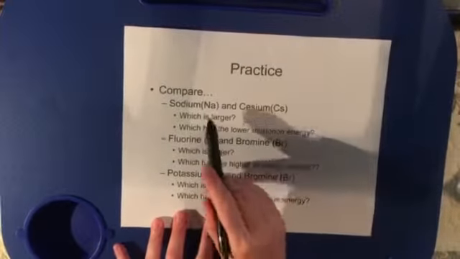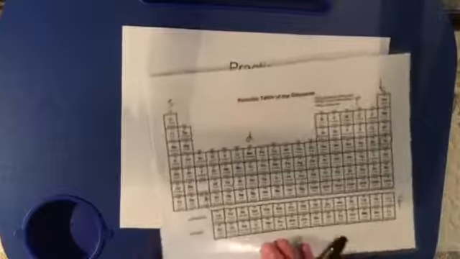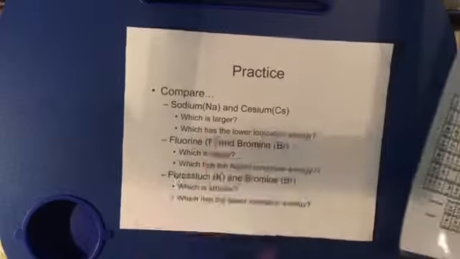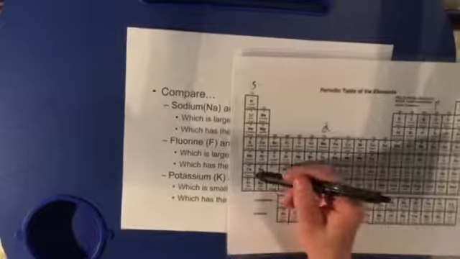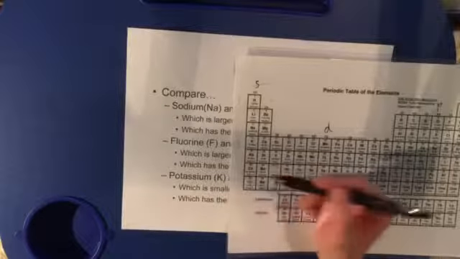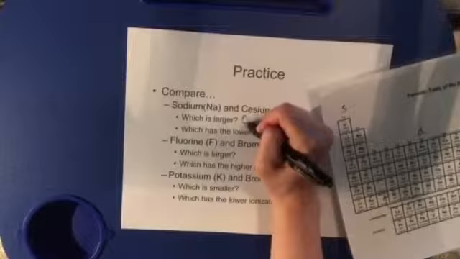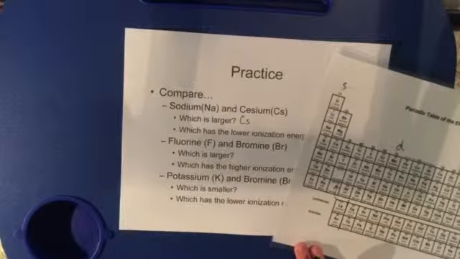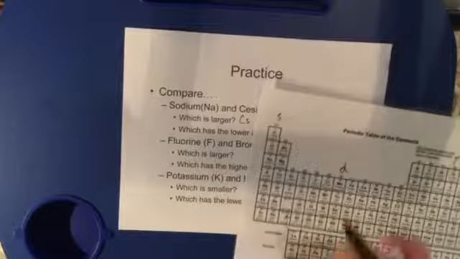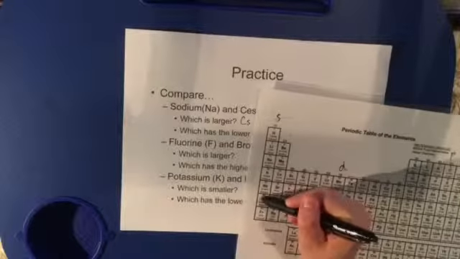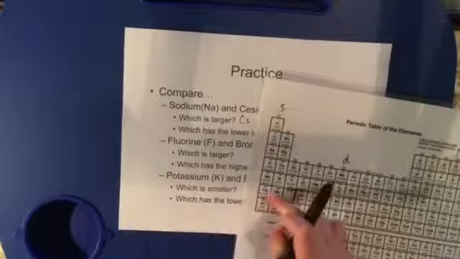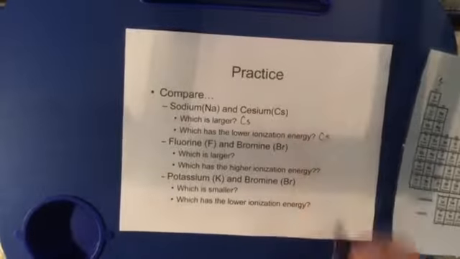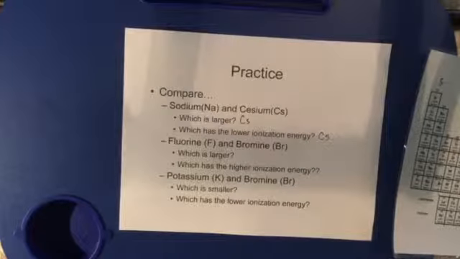So if we were to compare sodium and cesium, which is larger? Well, cesium's lower, has more principal energy levels. It would be larger. Which has the lower ionization energy? So which one is it easier to steal an electron from? Again, cesium's down here, the electron's further away from the nucleus, and so it would have the lower ionization energy.